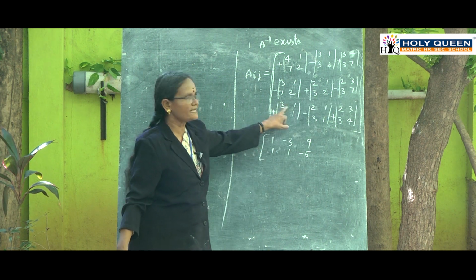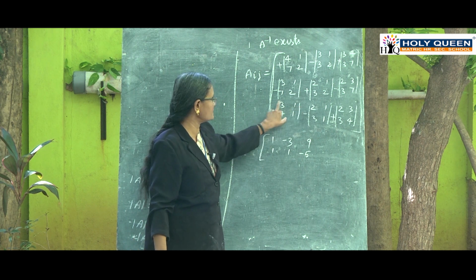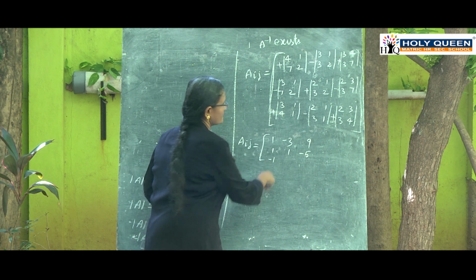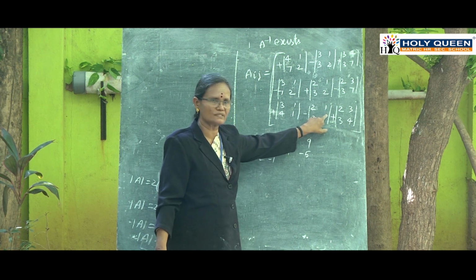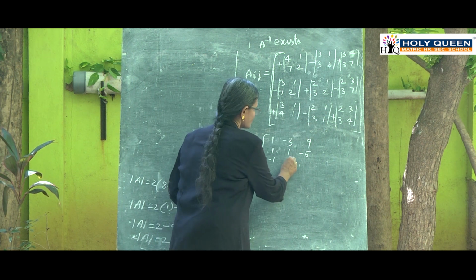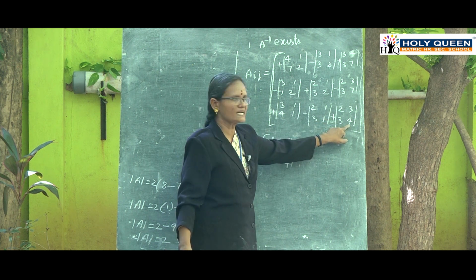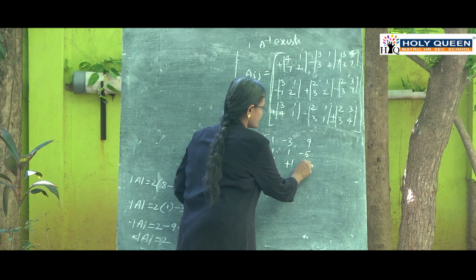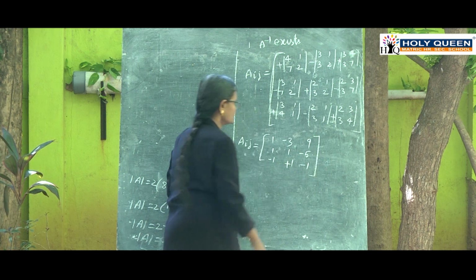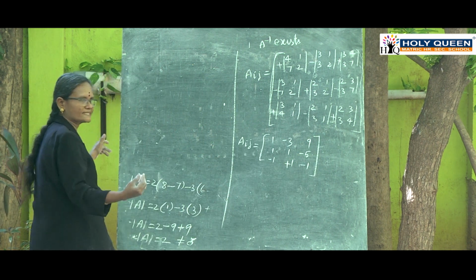Next one, 3 minus 4, we get minus 1. Here 2 minus 3 is minus 1, then minus of minus 1 is plus 1. Next 4 2s are 8 minus 9, we get minus 1. This is Aij, that is called the cofactor matrix.